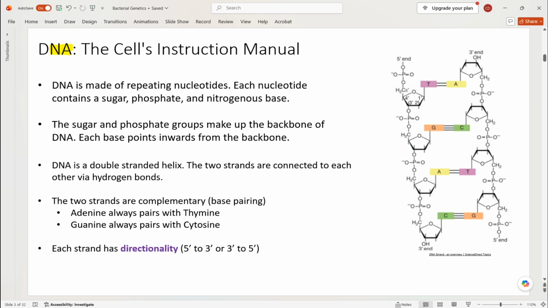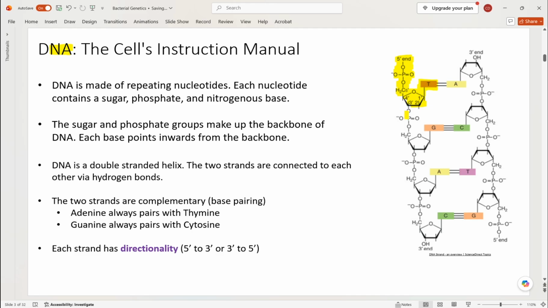So if you take a look at the picture on the right, you're going to see several nucleotides. So here is a phosphate group, then the 5-carbon sugar, and the nitrogenous base that's attached. So there's one nucleotide.